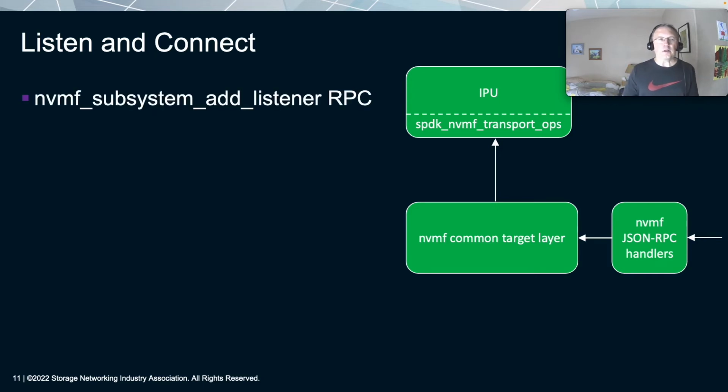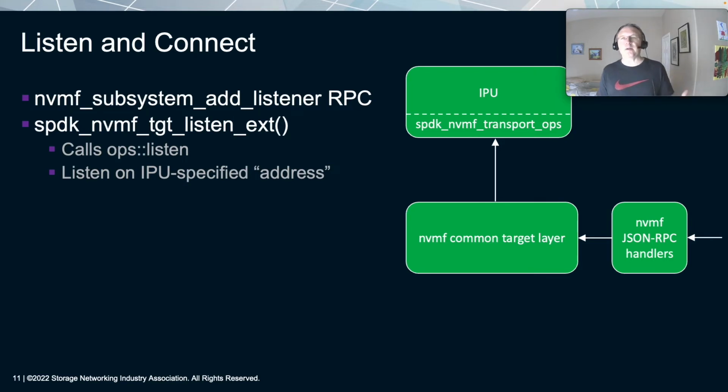If we go back and look at how the listen operation is configured, the administrator basically says, I want to add a listener for a specific NVMe-oF subsystem. So we've already created a subsystem. Now we want to enable listening for connections, and then these connections are allowed to connect to that subsystem.